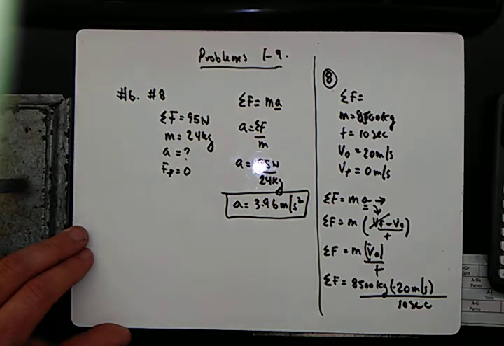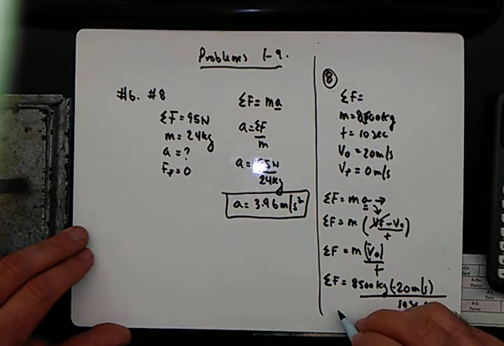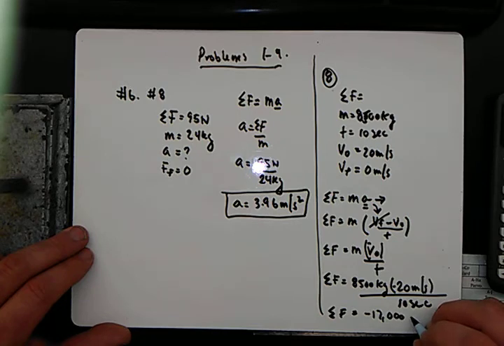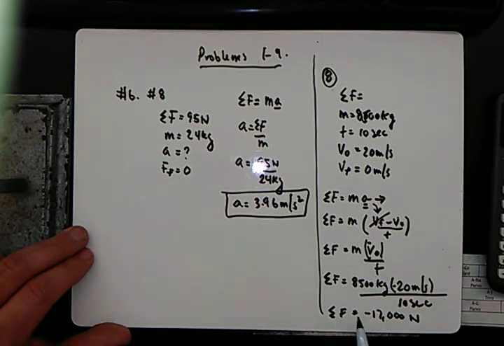So 8,500 times 20 divided by 10. Okay, the force required to stop that thing is negative 17,000 newtons, okay, or negative 17,000 apples, as we've been saying in class.